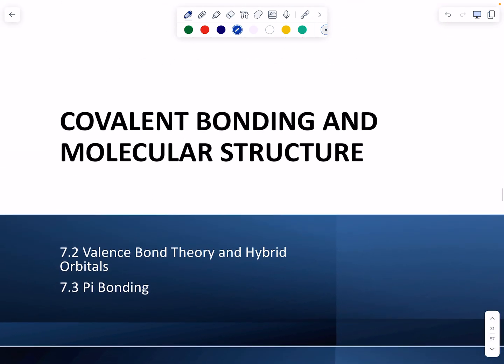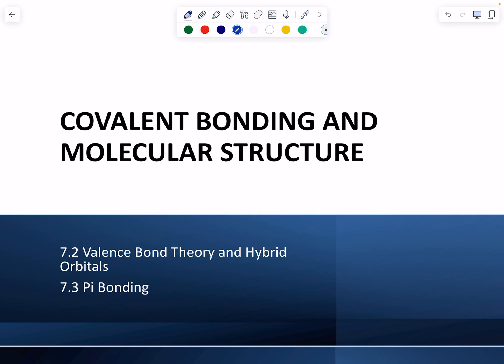All right, so what we're going to talk about for the rest of class today is we're going to look back at bonds and think about what orbitals are doing. Okay? So we developed this notion of orbitals as the regions of space where you're likely to find electrons, okay? And then we figured out in atoms how electrons are arranged in orbitals, okay?